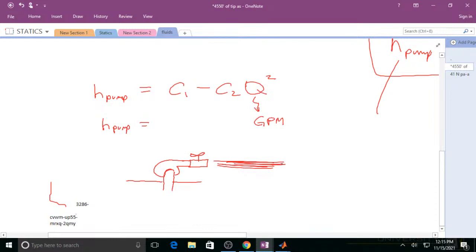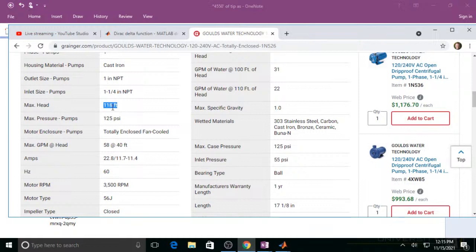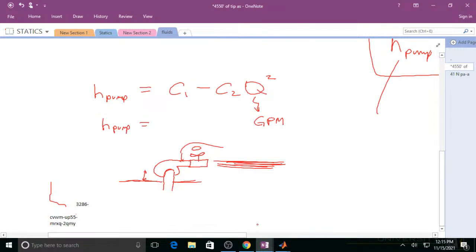There are many ways to do that. So you close the valve completely off, and the water level is almost submerged, so there's not much height difference here. If you close the valve off, the pressure that it's able to supply was, what was it, 118? So the head maximum is equal to 118 feet of water.